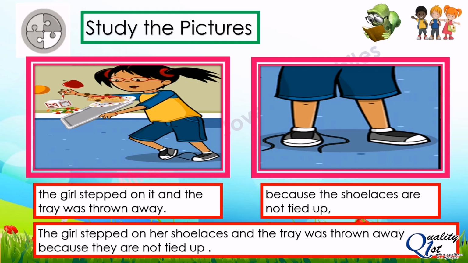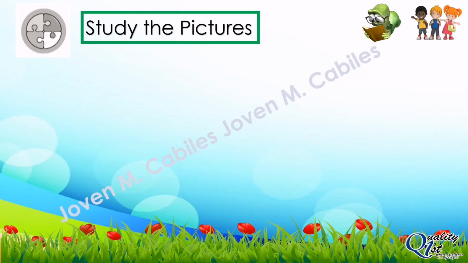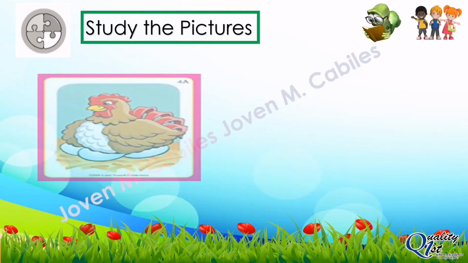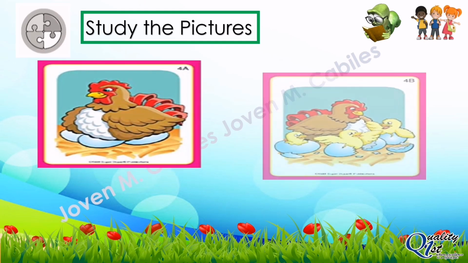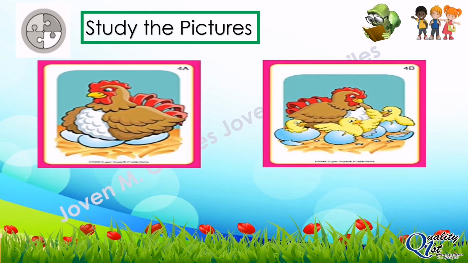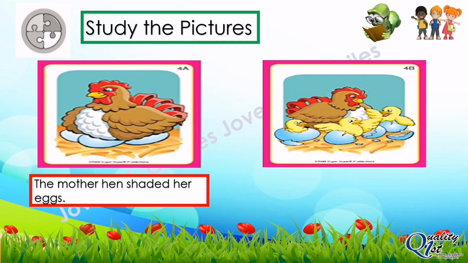Now let's have the next slide. We have the first picture and the second picture. Now, what did you observe? For the first picture, we can say that the mother hen shaded her eggs. Alright?